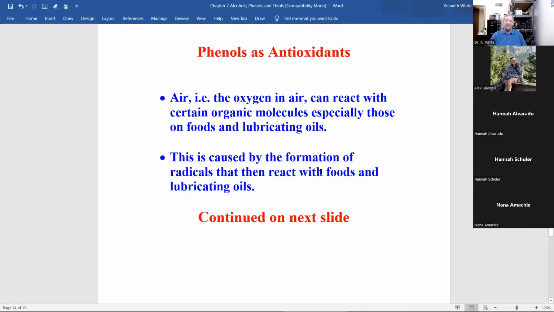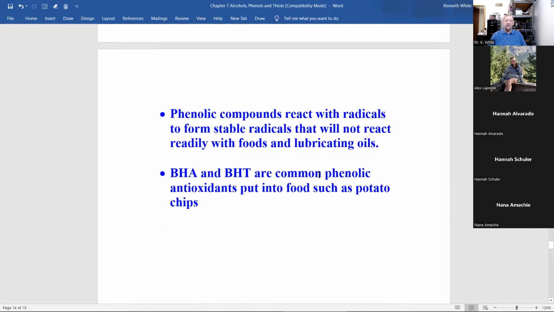So how do you stop that? Use molecules that stop radicals from reacting. They stabilize them. And those are phenolic compounds. Phenolic means molecules that have phenol in them. And if you remember, in case you didn't, this is phenol.